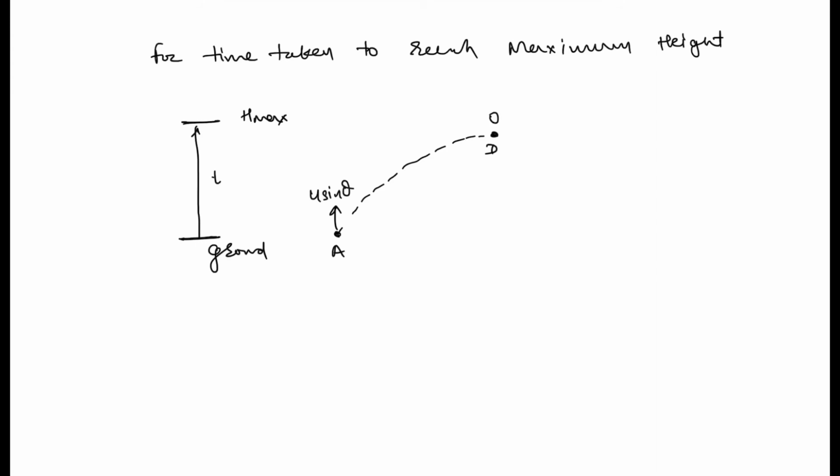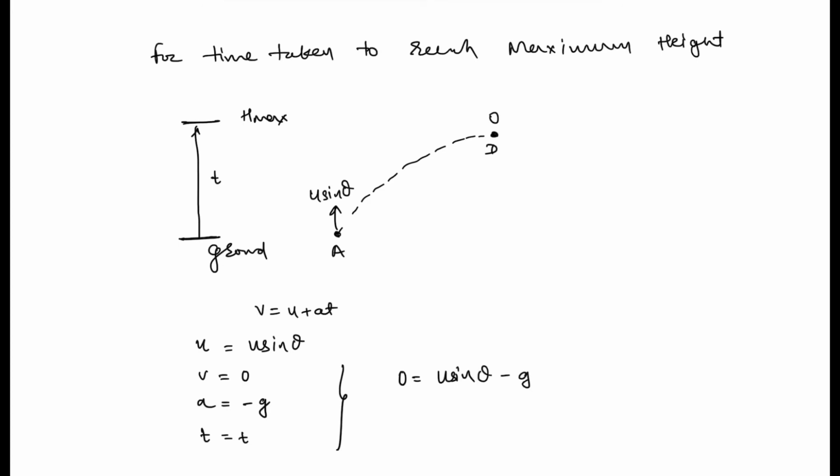So time taken is suppose t. If we apply the equation of motion, v is equal to u plus at. Initial velocity u is u sin theta, v will be 0, acceleration will be negative g, and time will be t. So 0 is equal to u sin theta minus gt. So t will be u sin theta divided by g.